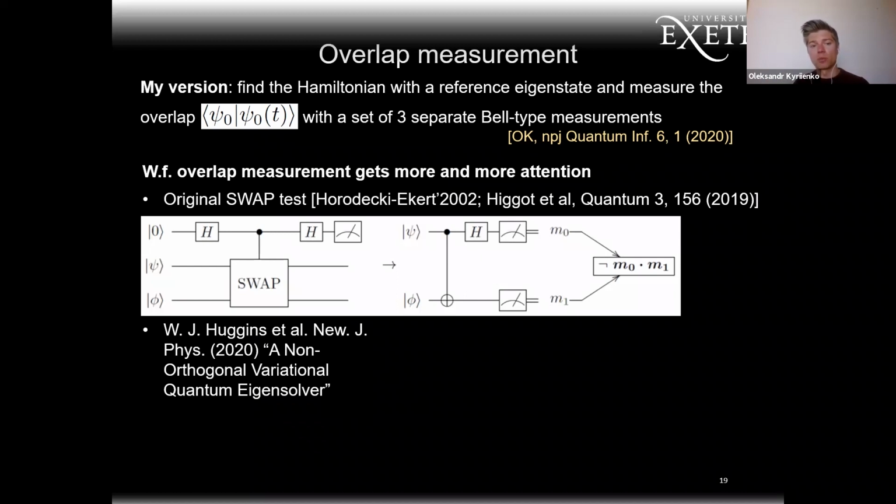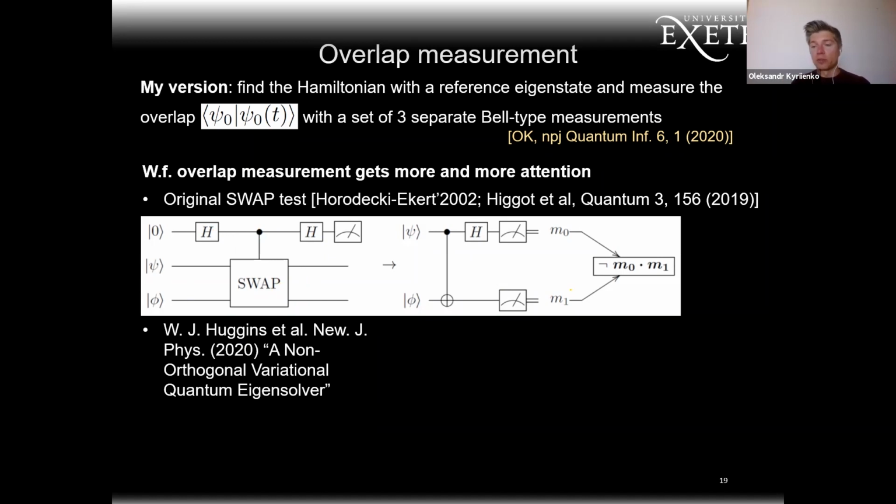But a more conventional way will be to use the swap test from Horodecki and Ekert, where you have an ancilla qubit, you have two registers with different systems you want to overlap, and doing controlled swap, you can measure this overlap.